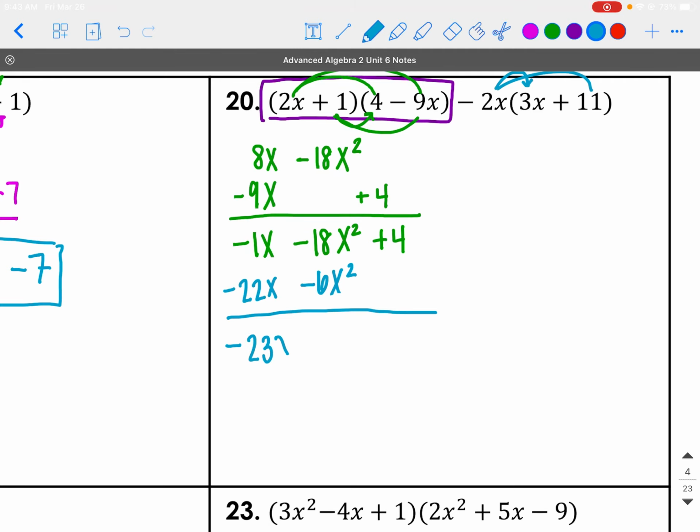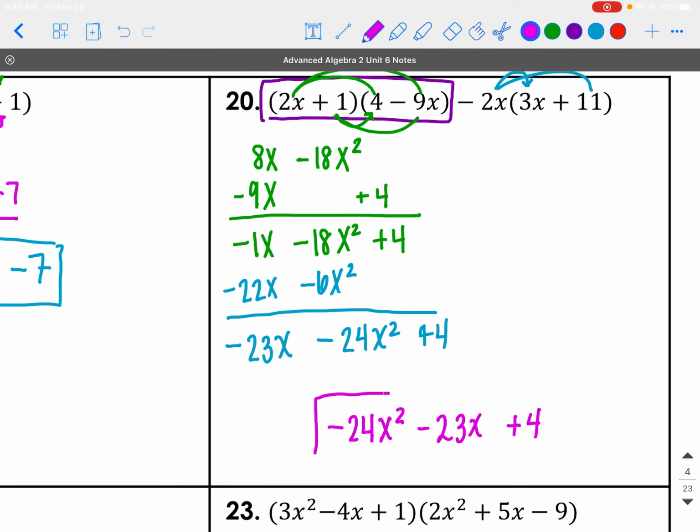So this makes negative 23x minus 24x squared plus 4. And then put it in the correct order. Negative 24x squared minus 23x plus 4.